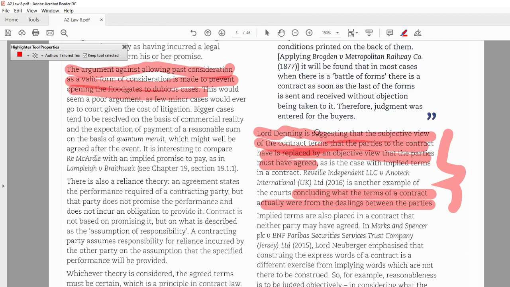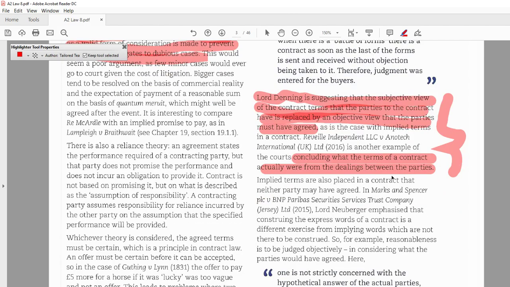A subjective view is more supporting the concept of freedom of contract. An objective view is something where they're not actually looking at what the parties thought they were getting into. So you could use that as a small argument to say there is freedom of contract, but a limitation is that the courts take an objective test, and use Lord Denning in Butler.